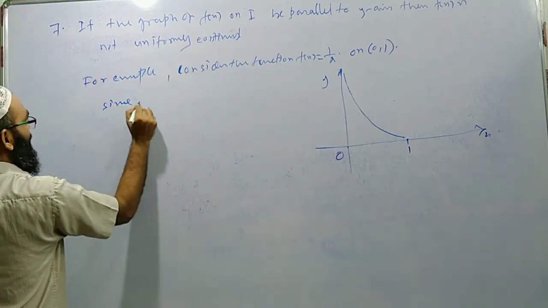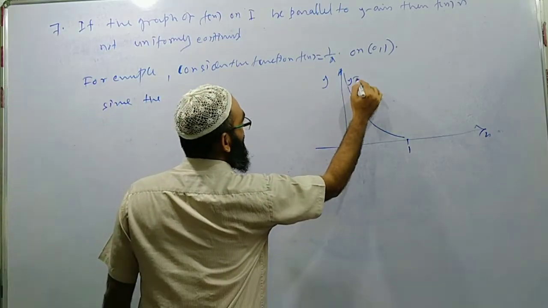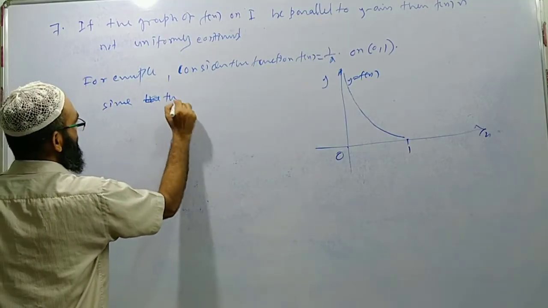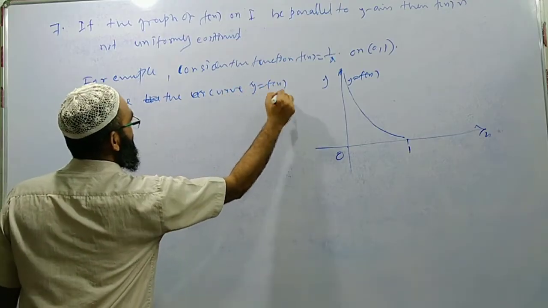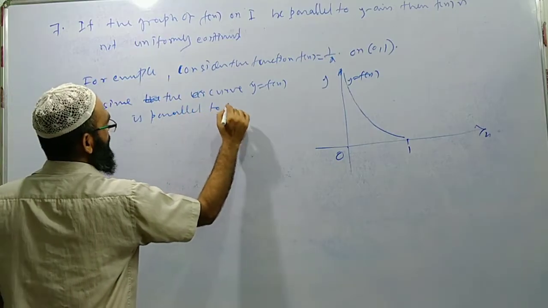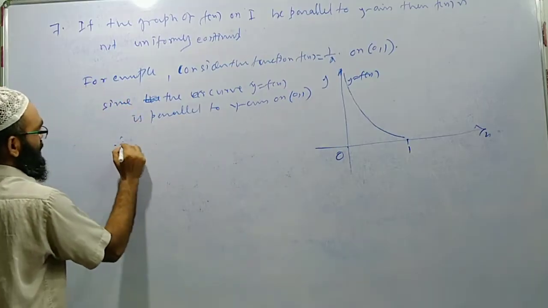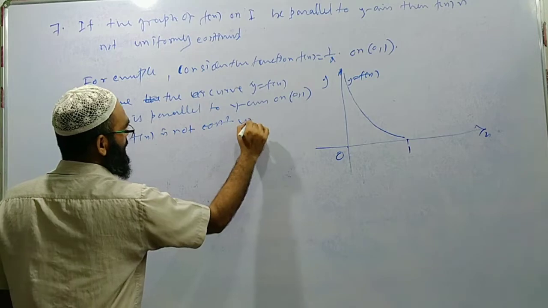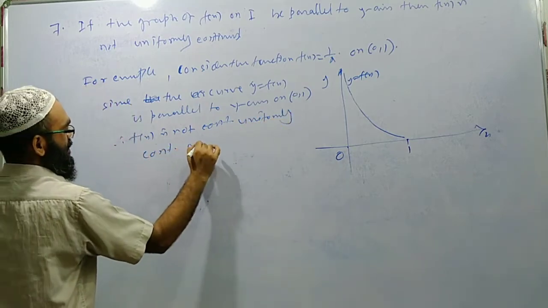Since the curve y equal to f(x) is parallel to the y axis on the open interval (0, 1), therefore f(x) is not uniformly continuous on the open interval (0, 1).